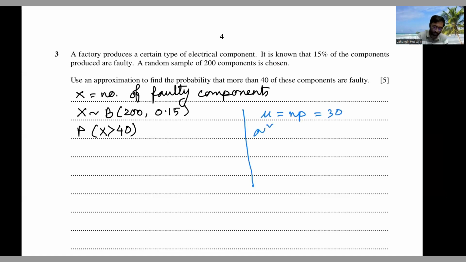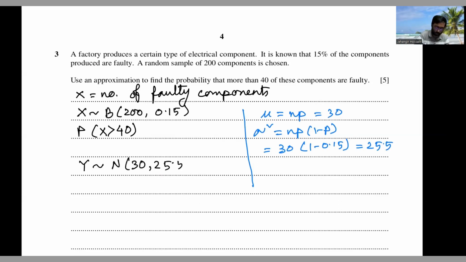Then the variance is np times (1 minus p), 30 times (1 minus 0.15), which is 25.5. So knowing the mean and variance, it will be approximated by the normal distribution whose mean is 30 and variance is 25.5.